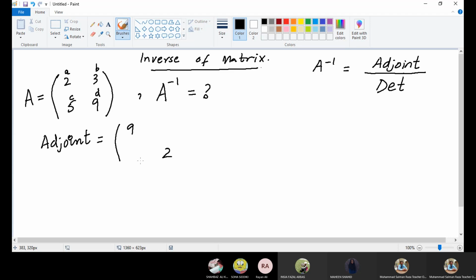This is how we flip the positions. And then the further instruction says change the sign of B and C. It was plus 3 and it's going to be minus 3, and plus 5 is going to be minus 5 over here.